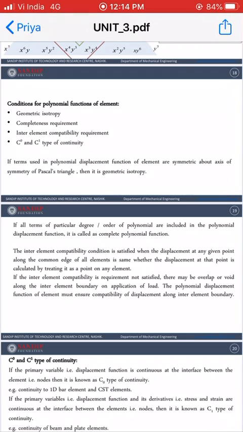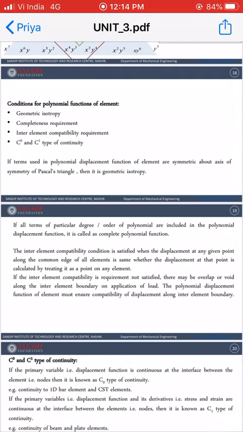If we imagine refinement of the mesh as these elements approach infinitesimal size, all the infinitesimal sized elements should have a constant strain value. Then and only then can we say that the constant strain rate condition is satisfied by the selected displacement function.